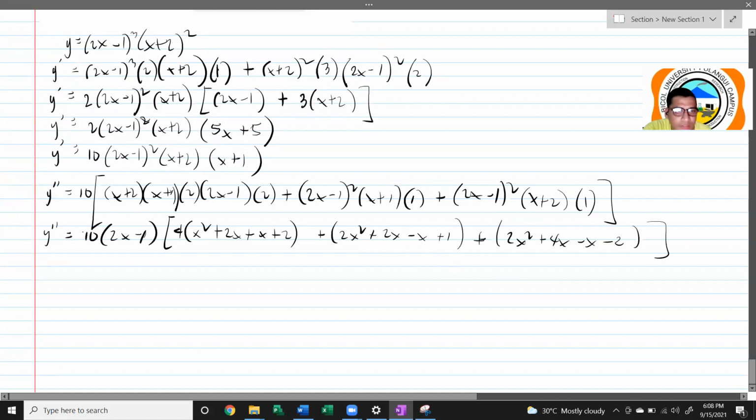Now let's simplify. Combining like terms, we have (2x minus 1). This would become 4x squared plus 2x squared plus 2x squared, 8x squared. Then 3x times 4 is 12, plus 1 is 13, plus 3, so we have 16x. 4 times 2 is 8.